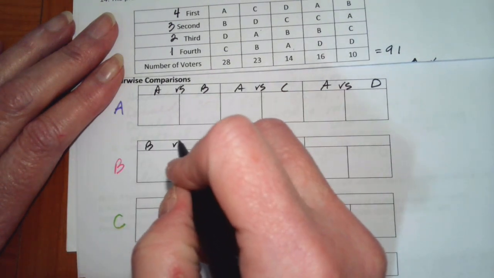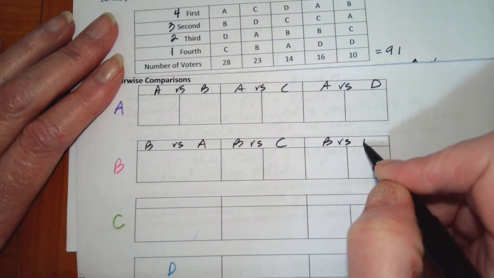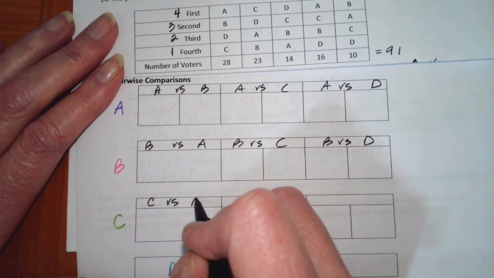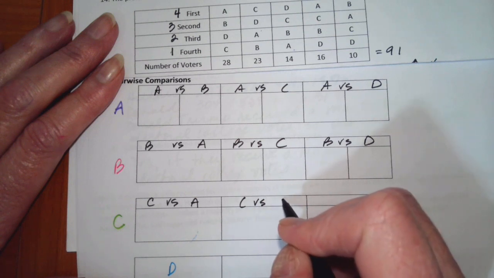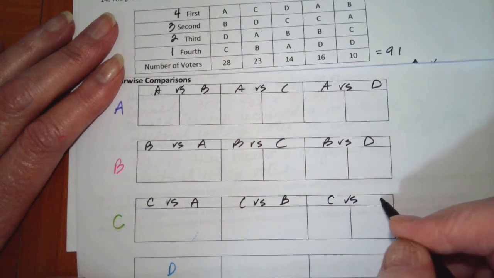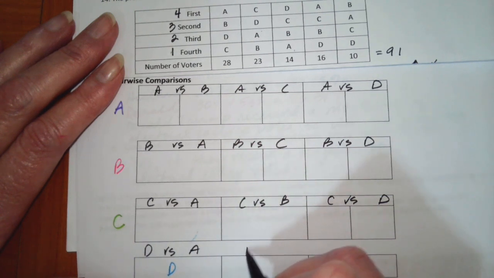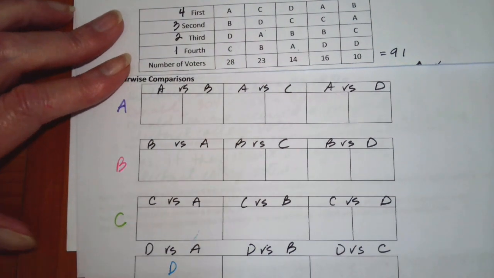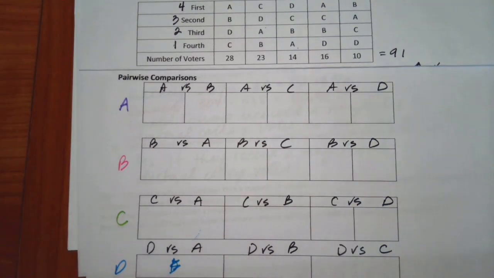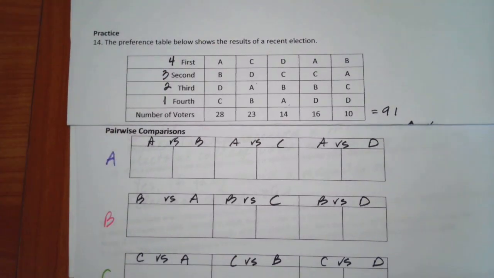So this is going to be B versus A, B versus C, and B versus D. C versus A, C versus B, and C versus D. And then in our last column, oops, and the last line didn't print, it's going to be D versus A, D versus B, and D versus C. Okay, so, and this really should have gone on the outside. Okay, so let's do A versus whatever.